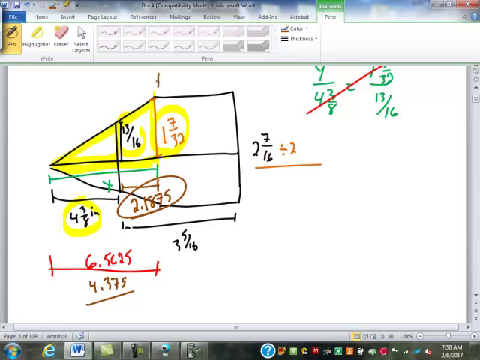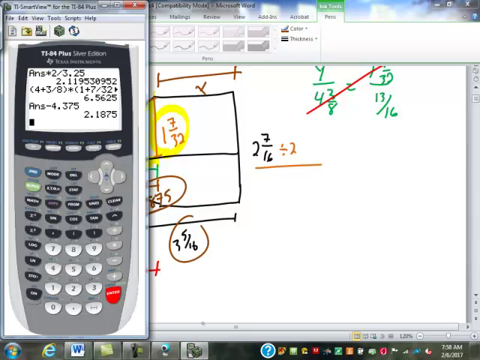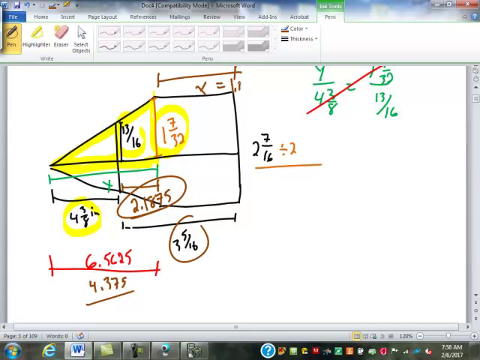So then x, which is this dimension, is just the 3 5/16 minus the 2.1875. So x is 1.125, or 1 1/8 inch. Questions?